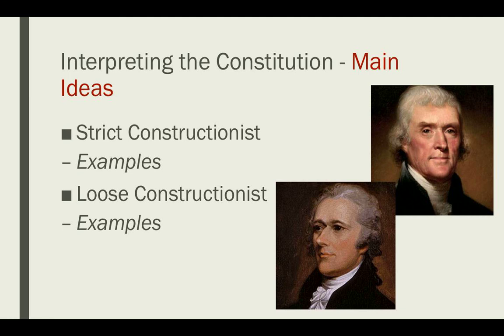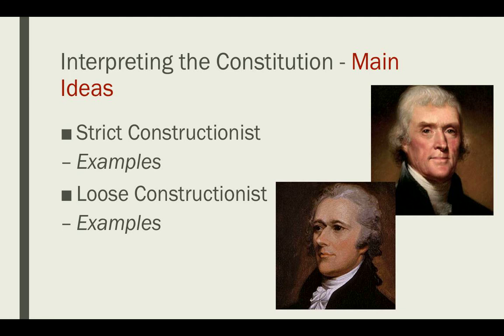Now, the Constitution can be interpreted in a couple different ways, and we're going to see this come up over and over again. But the first way to interpret the Constitution is strictly. A strict interpretation of the Constitution is somebody who reads the Constitution word for word and says, okay, this is what the Constitution says.